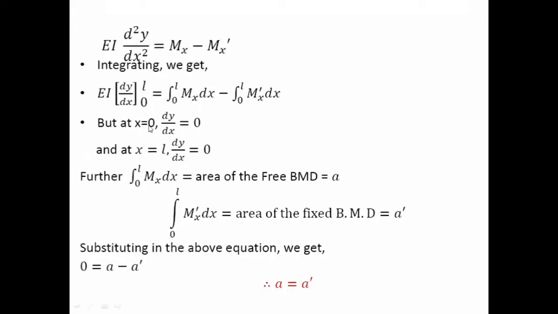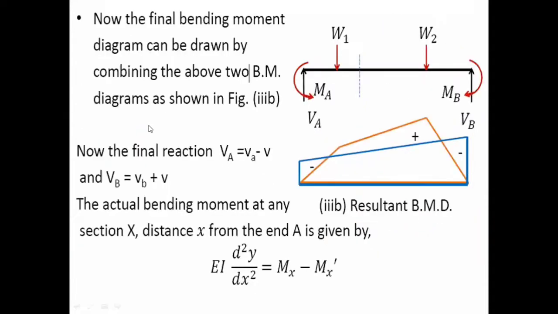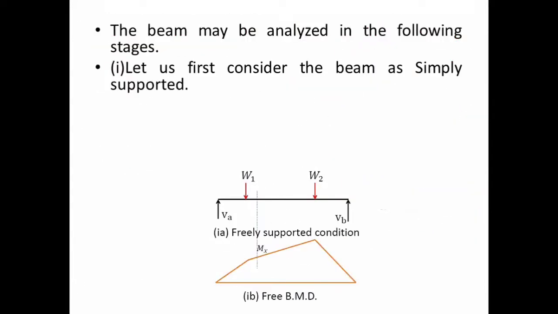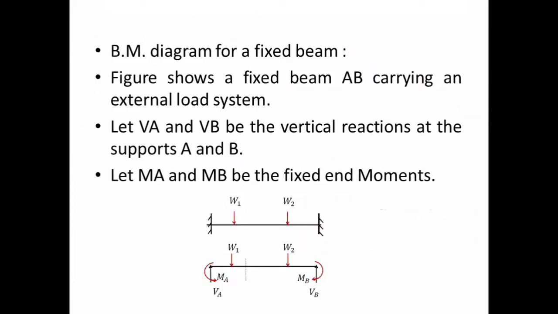Now at x equal to 0, that is on support A, in the original diagram there is no slope. It means there is no rotation. So dy by dx is 0. Here theta or dy by dx is 0.